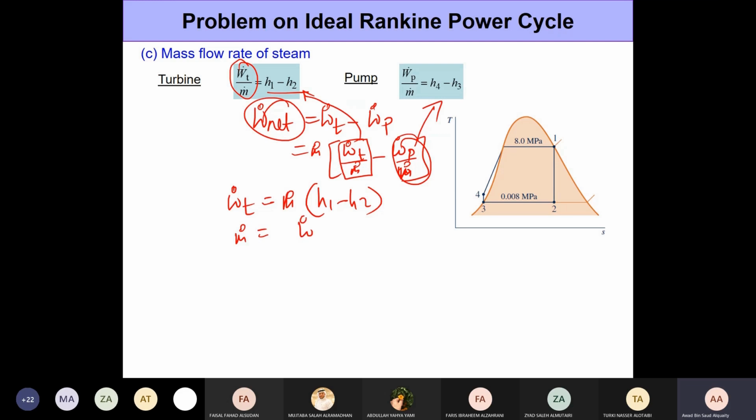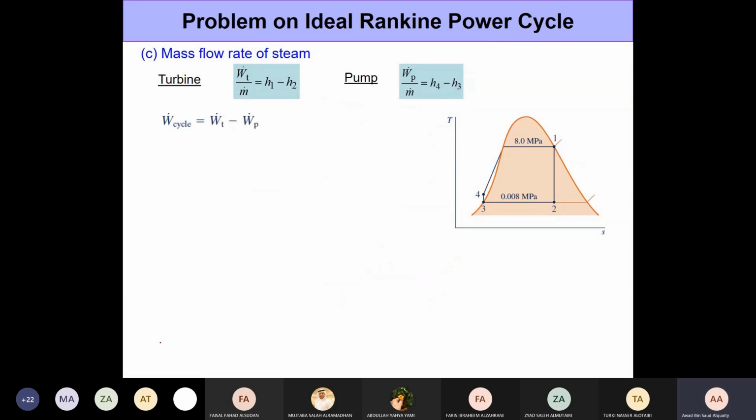So m dot would simply be the net work output divided by (H1 minus H2) minus (H4 minus H3), the enthalpy changes within the turbine and within the pump or the compressor. So it was very simple. It's not very complicated. You just have to know that this m dot is what we need to determine. That's all we're looking for.